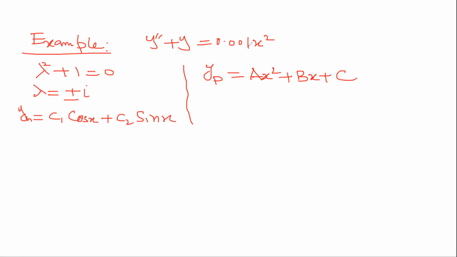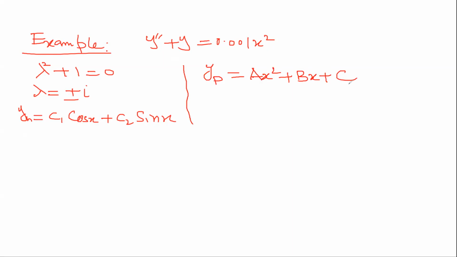So since it was a polynomial, we assumed a polynomial solution over here. Now we know that the particular solution is of this form, so we need to determine the values of A, B, and C, and then we can complete the solution.